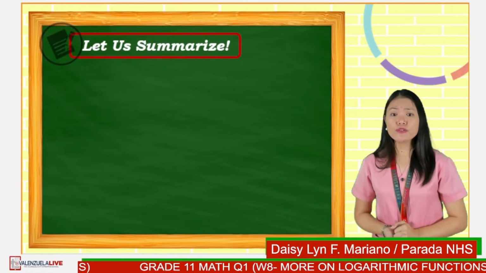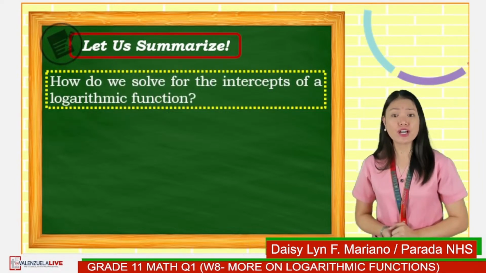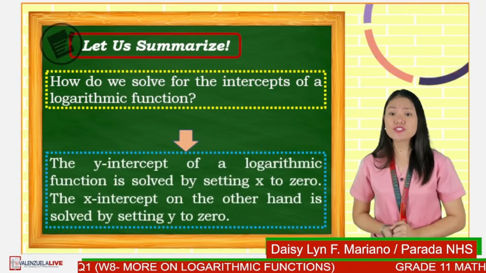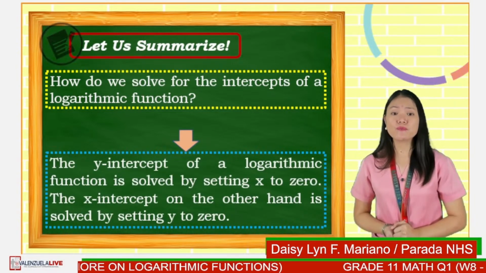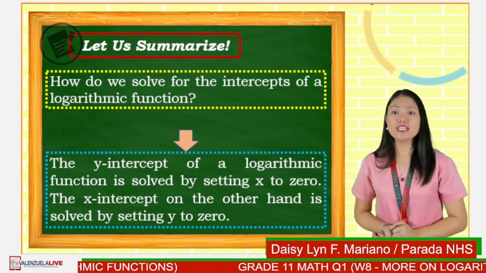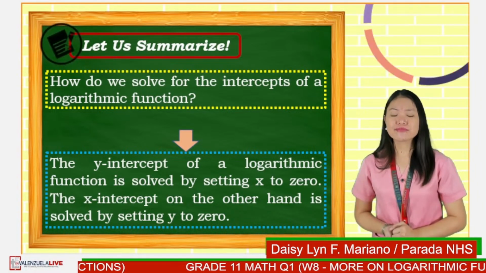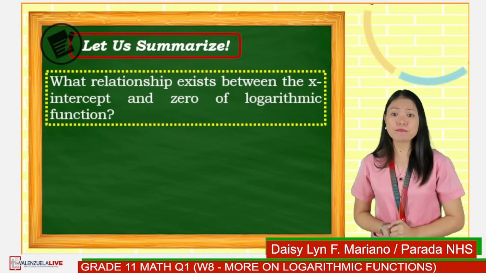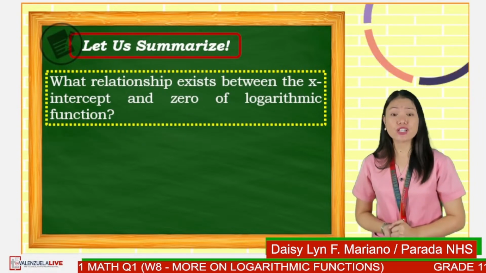How do we solve for the intercepts of a logarithmic function? The y-intercept is solved by setting x to 0. The x-intercept, on the other hand, is solved by setting y to 0. What relationship exists between the x-intercept and the zero of a logarithmic function?